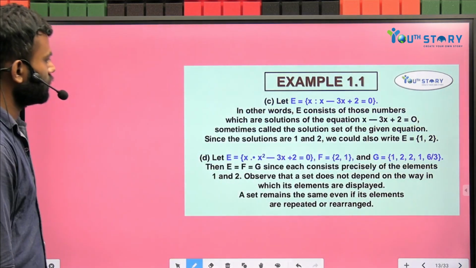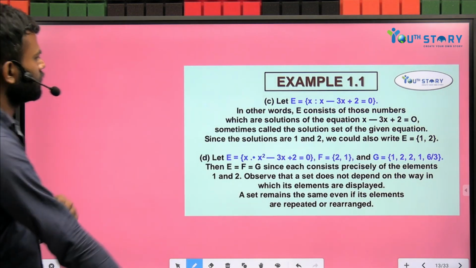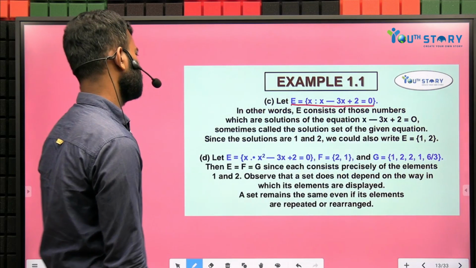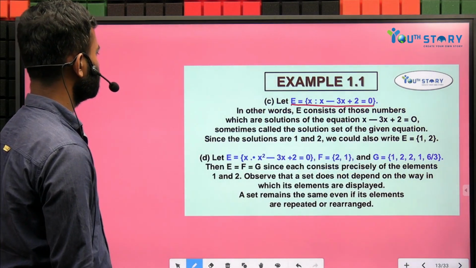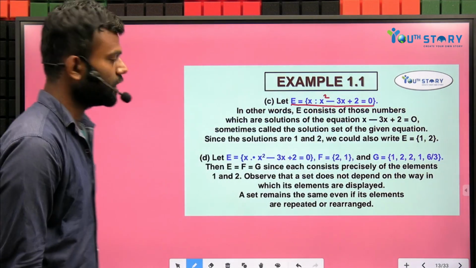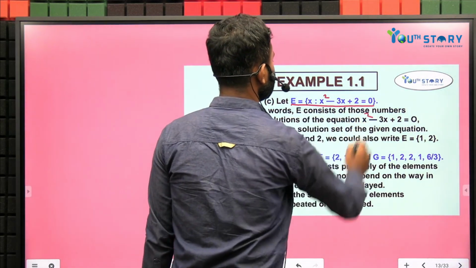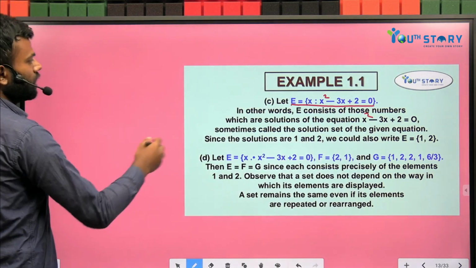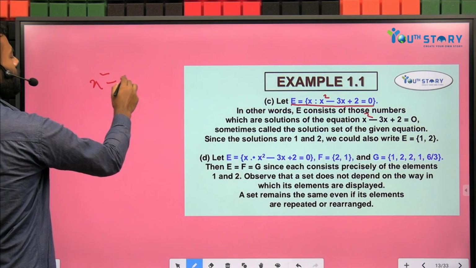Now consider this set. Now E is the set of roots of the polynomial equation x square minus 3x plus 2.